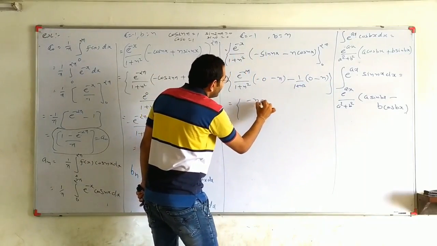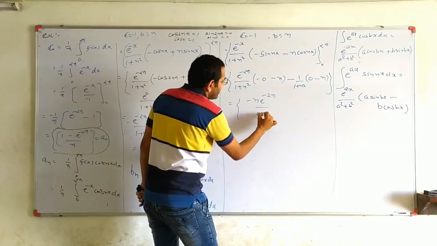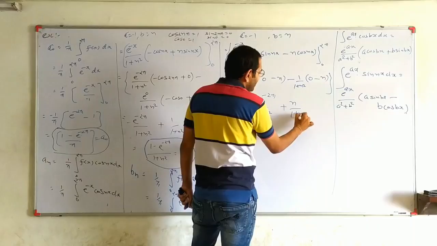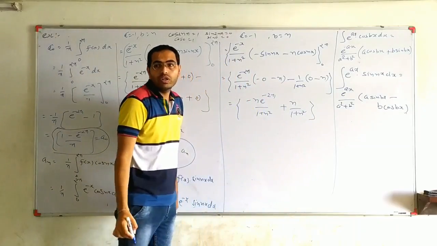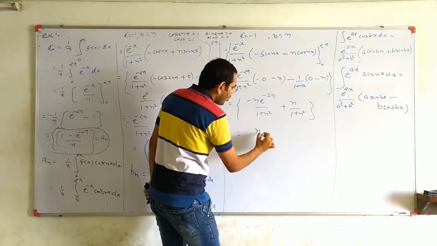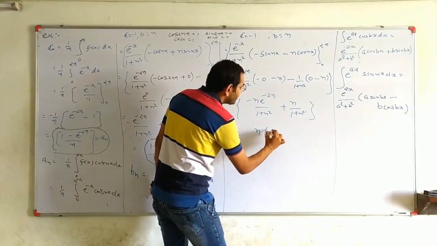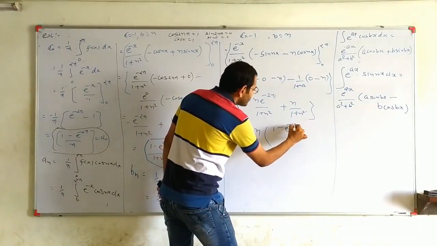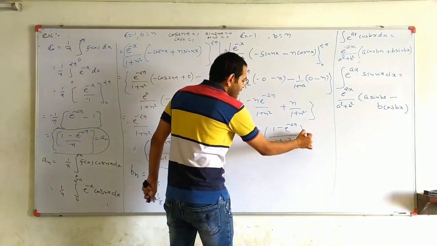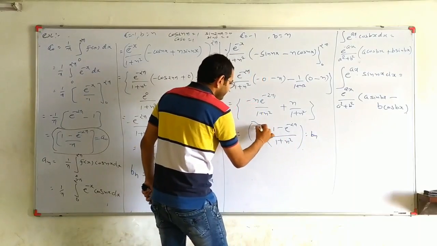Then minus n e raised to minus 2 pi upon 1 plus n square, minus minus plus n upon 1 plus n square. Now taking the LCM and n which is common, we get n times 1 minus e raised to minus 2 pi upon 1 plus n square. That is the value of bn.